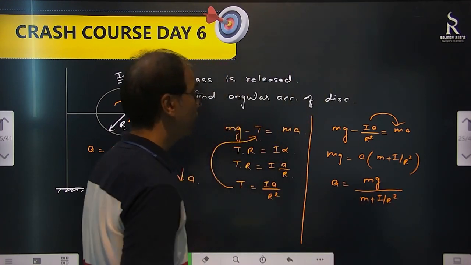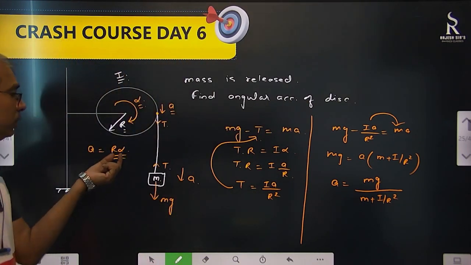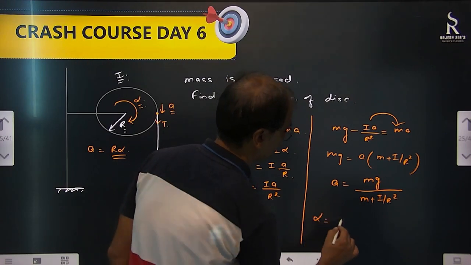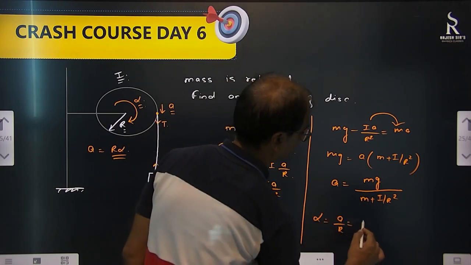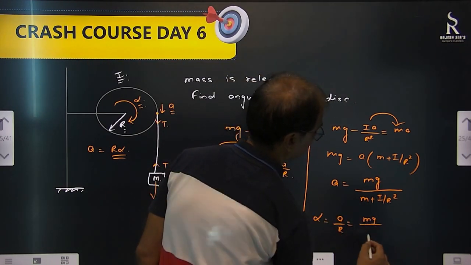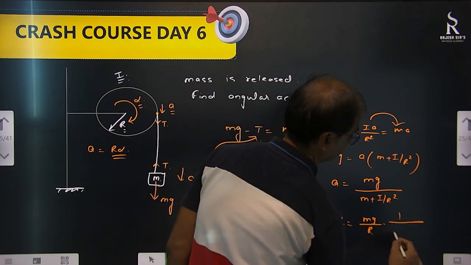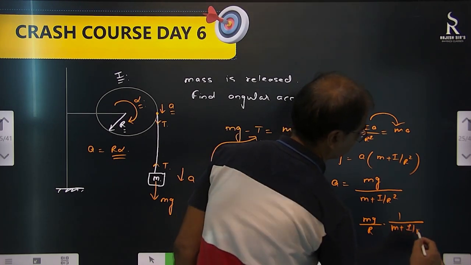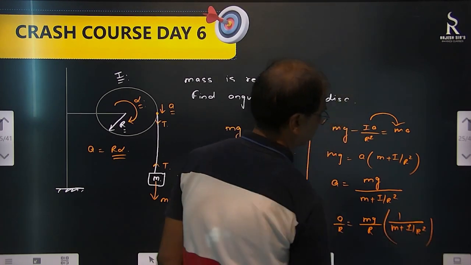But we wanted alpha. So alpha is what? Alpha is a by R. No problem. So alpha value is a by R, so we'll write Mg by R into 1 by M plus I by R square. This is alpha.